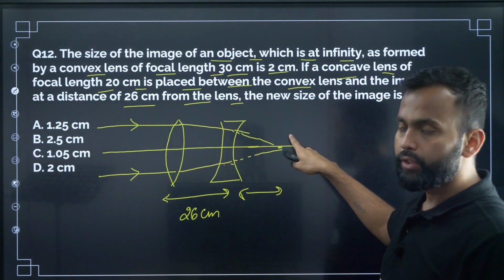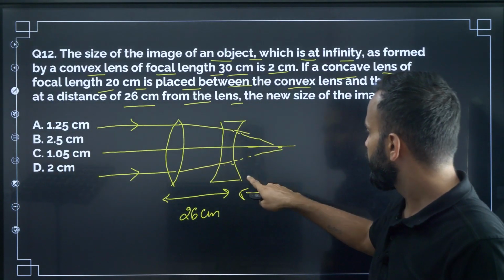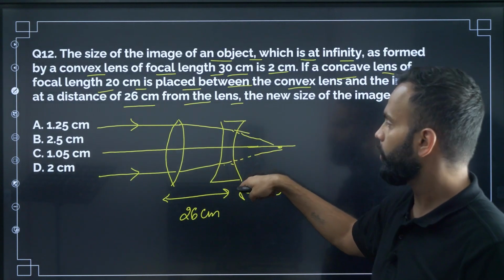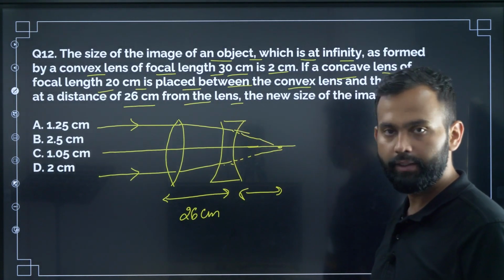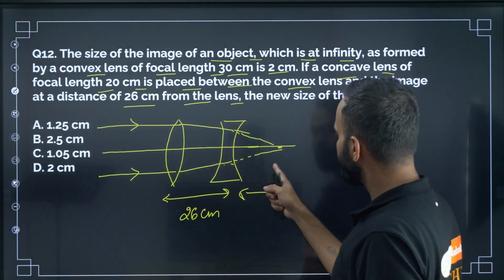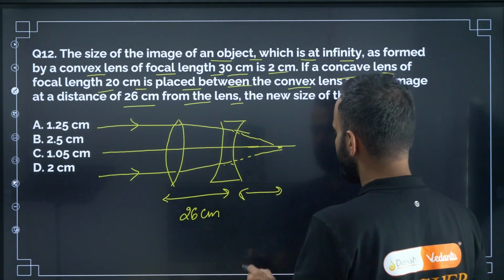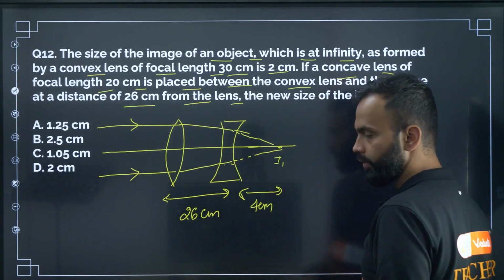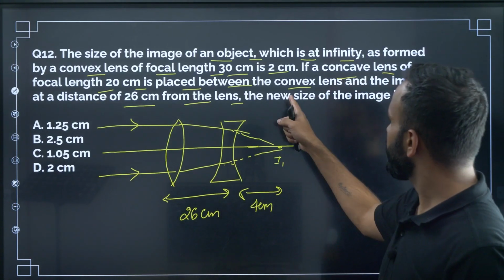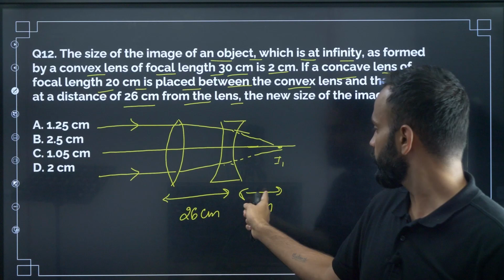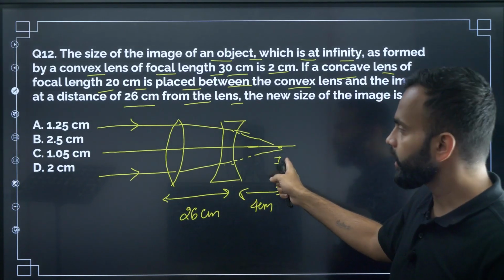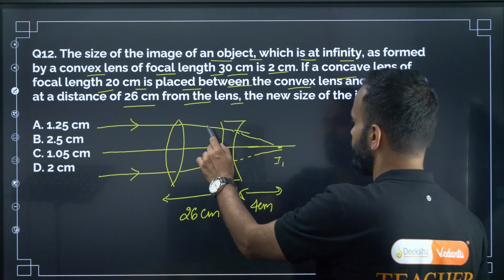So this image acts like an object for the concave lens. So what is the distance between the concave lens and the first image I1? This is 4 centimeter. What is the focal length of the convex lens? It's 30 centimeter. So 30 minus 26 is 4 centimeter.